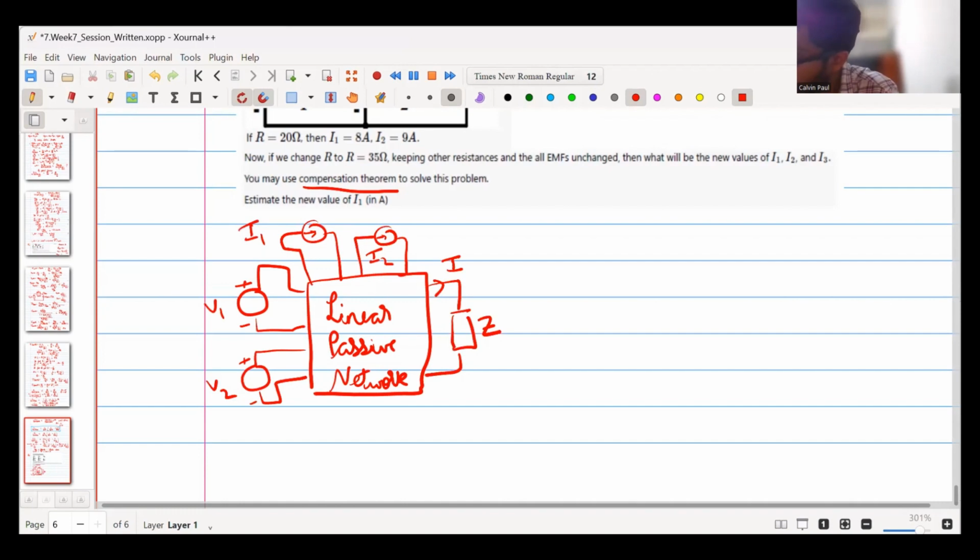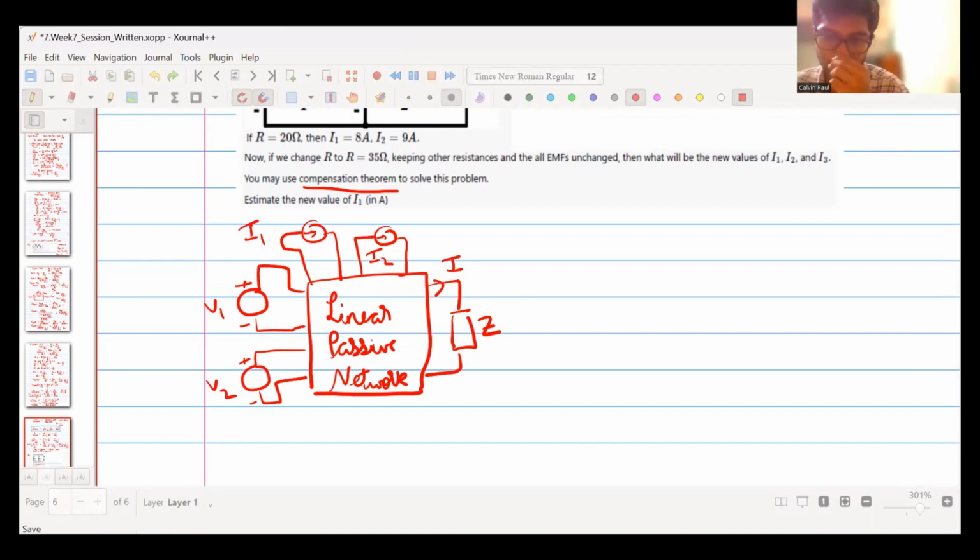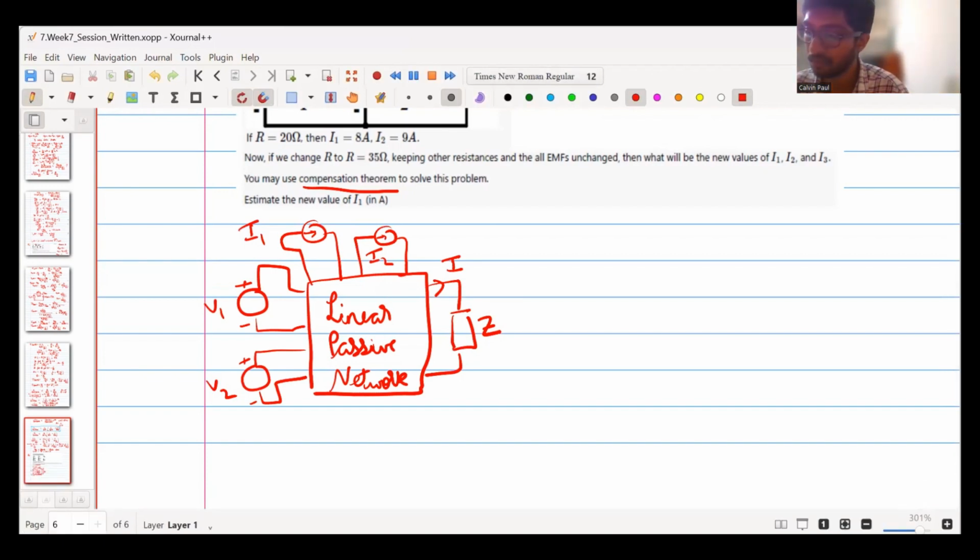Okay, so what do you mean by linear network? The network consists of the linear elements. Okay, so is a capacitor a linear element? Resistor, inductor, capacitor are the linear elements.